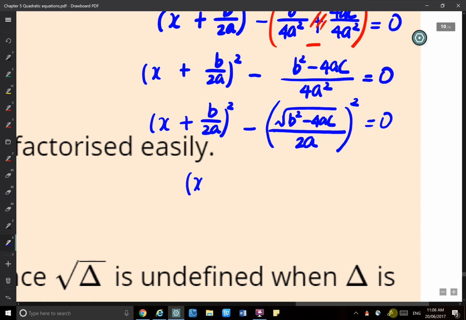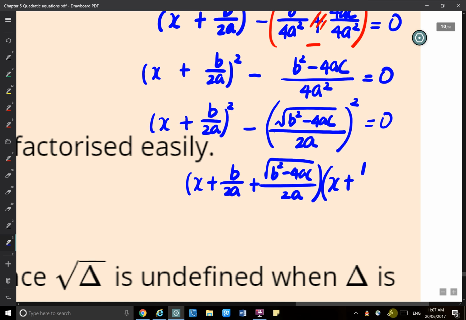Therefore, I will have x plus b over 2a plus the square root of b squared minus 4ac over 2a, times x plus b over 2a minus the square root of b squared minus 4ac over 2a, equals 0.